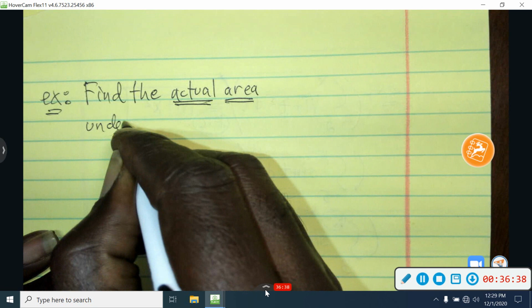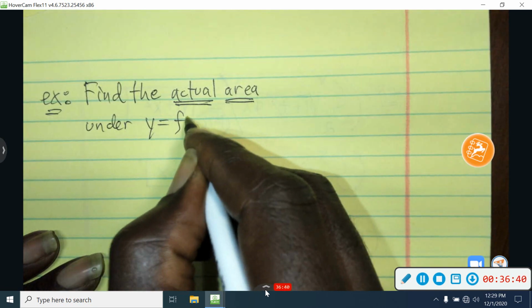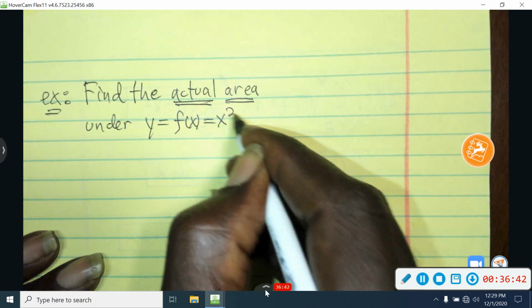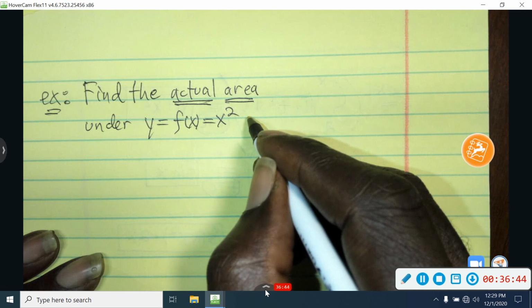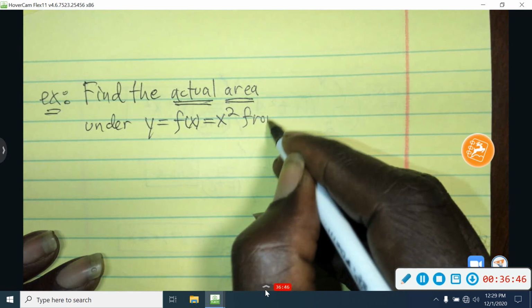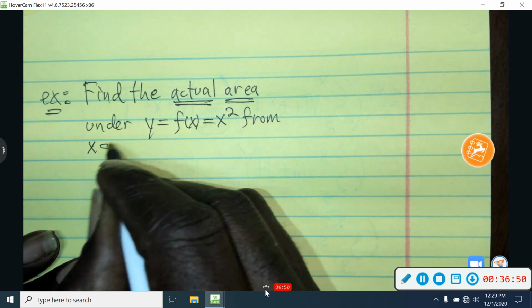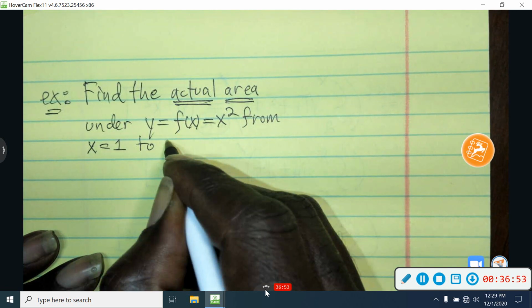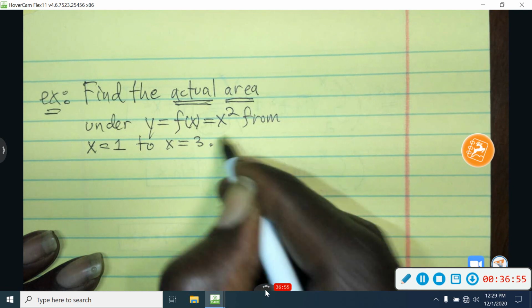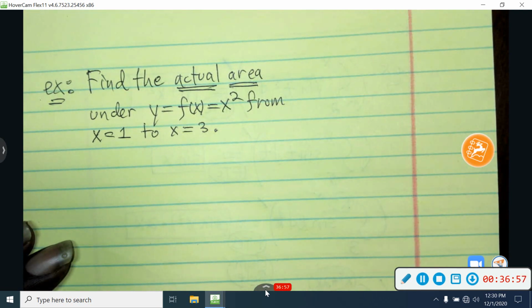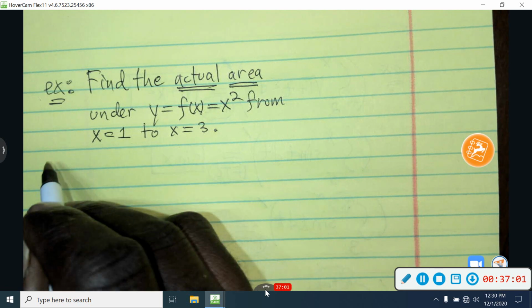Under the function y equals f of x equals x squared from x equals 1 to x equals 3. Now if you recall, we estimated this in 4.2. Yeah? So I'll say recall.